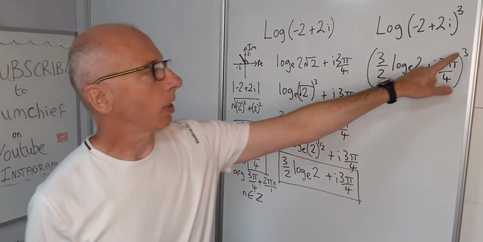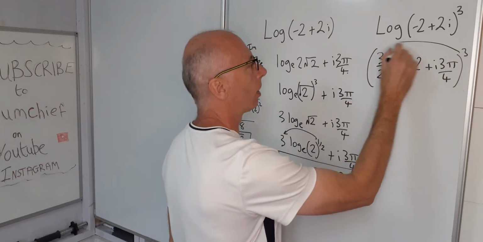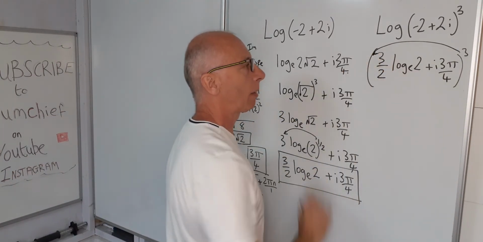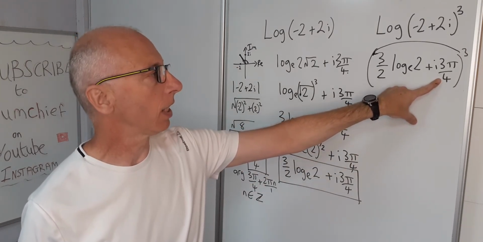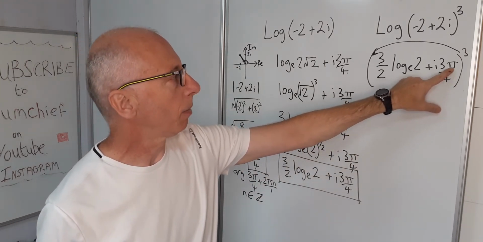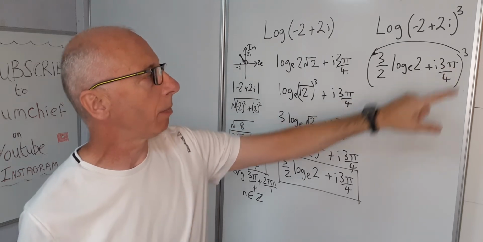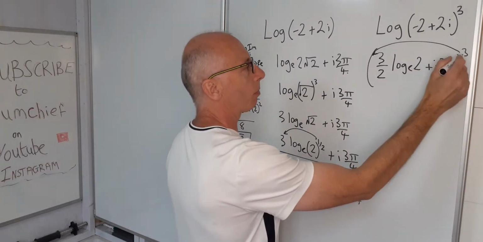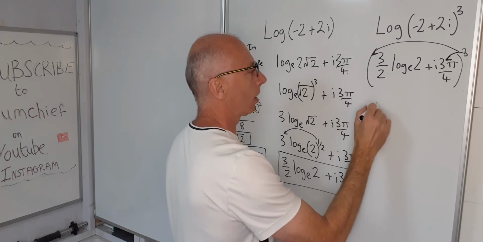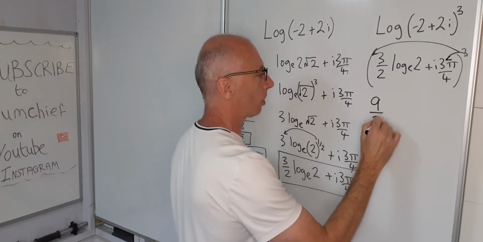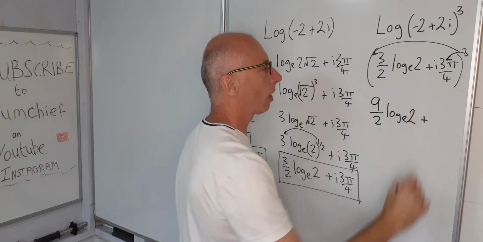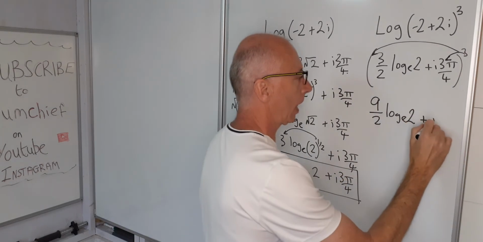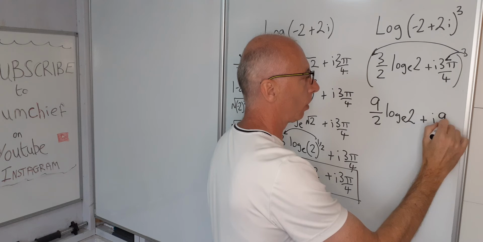Now with the log property, we can bring this 3 out front and multiply that by 3, but then we need to worry about this argument here. Now we don't raise that to the power of 3, what we do is we multiply that by 3. So let's distribute that into both of these. So we then get 9 over 2 log base e of 2 plus I, and then it's 9 pi over 4.